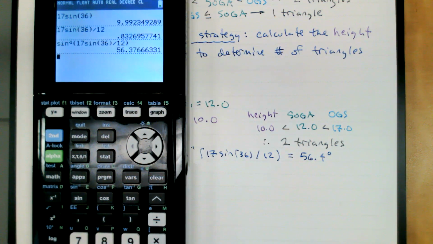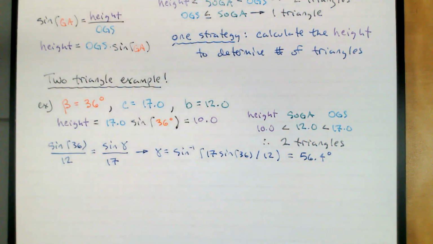And right now we're thinking, dude, that is one angle. We needed two angles. So what we're going to do is recognize that sine is positive in the first and second quadrants, and angles in the second quadrant will fit into a triangle as long as the other given angle is an acute angle. So I'm just going to take the 56.4 degrees, and since it's the two triangles case, I'm going to put 56.4 in quadrant 1 and quadrant 2.